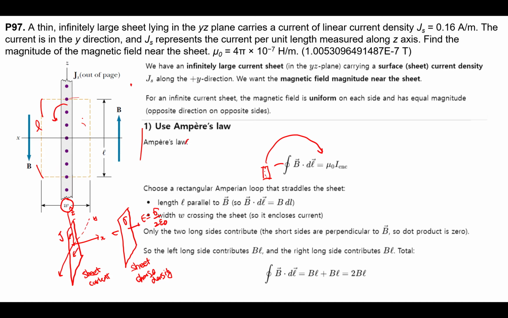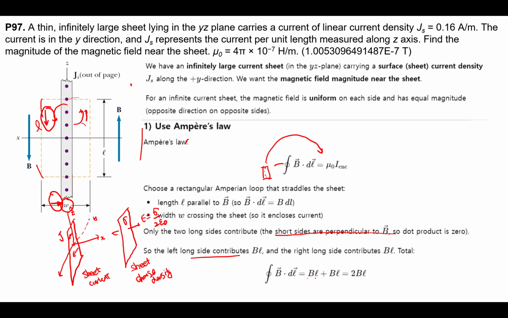So on this side it is kind of parallel to each other, but if you notice the case, you will find out that the short sides are perpendicular to the B. This direction is perpendicular to this magnetic field, so that we can consider only the two sides.